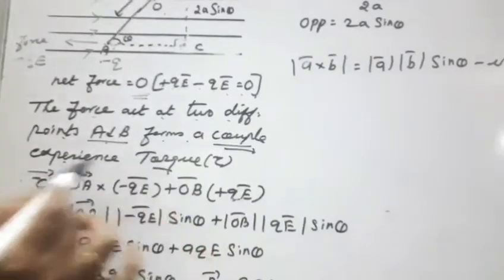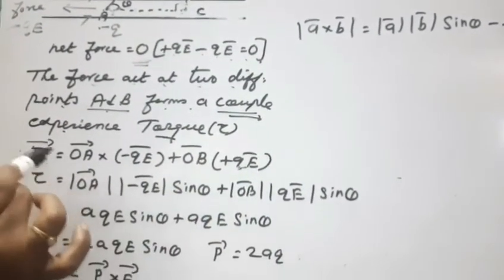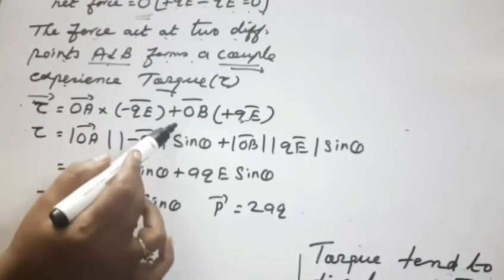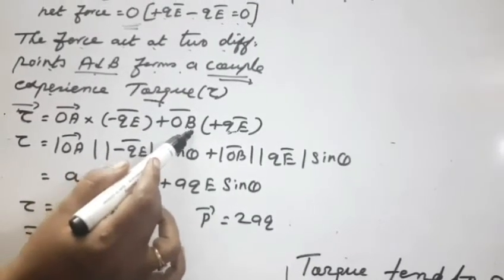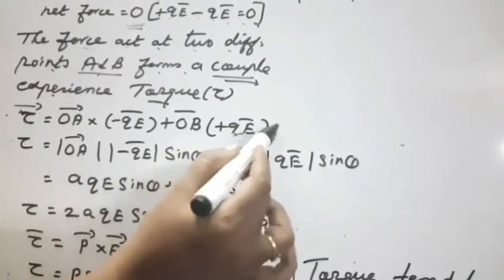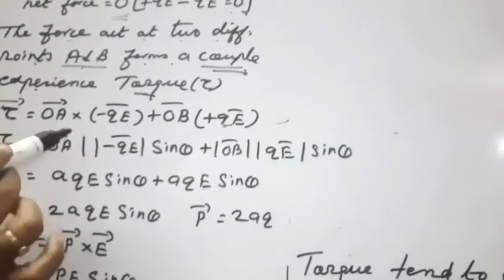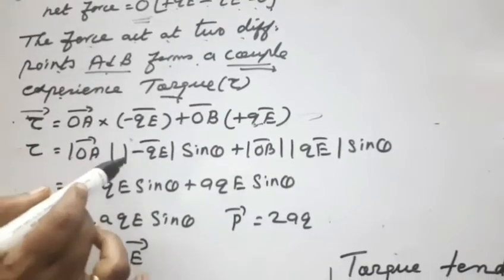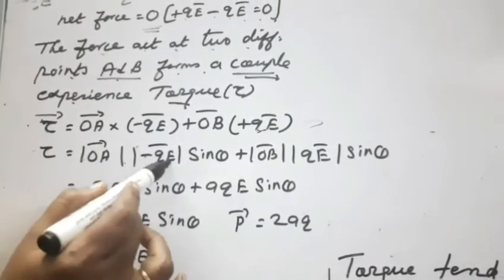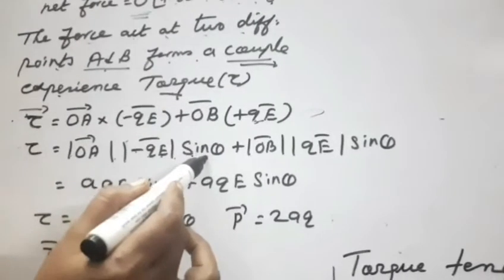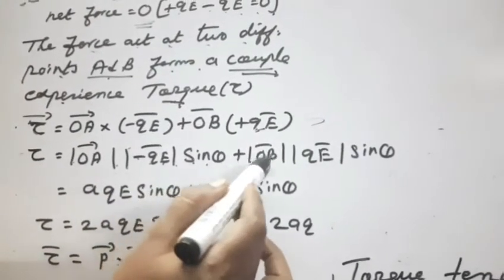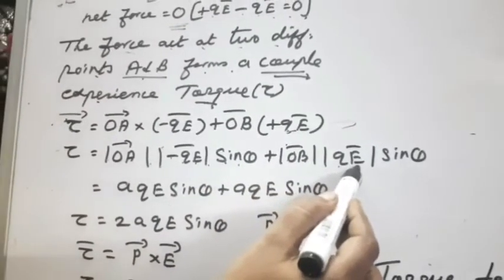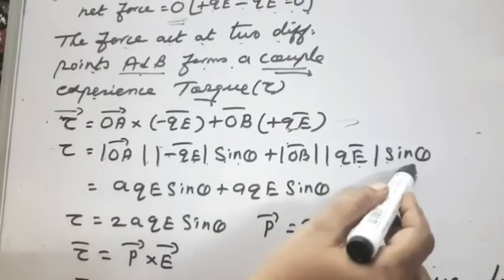It experiences torque. Now the torque, we write tau vector equals OA vector cross minus qE vector plus OB vector cross qE vector. This is a cross product. That's why we write modulus of OA into modulus of minus qE into sin theta plus modulus of OB into modulus of qE into sin theta.